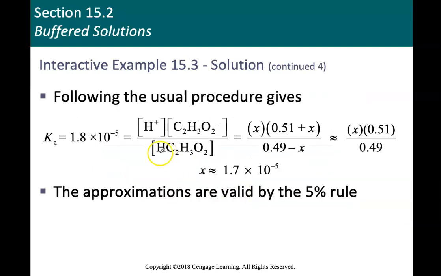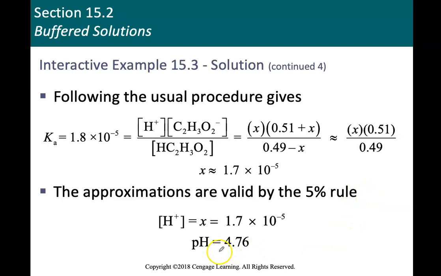Now we can solve this in the same way. Ka is 1.8 times 10 to the power of minus 5, and then substitute those numbers in. Notice this ratio has changed slightly from the addition of the base, and it becomes 0.51 over 0.49 when we make the assumption. And now x is equal to 1.7 times 10 to the power of minus 5. That should still be valid based on the 5% rule that we've been discussing.